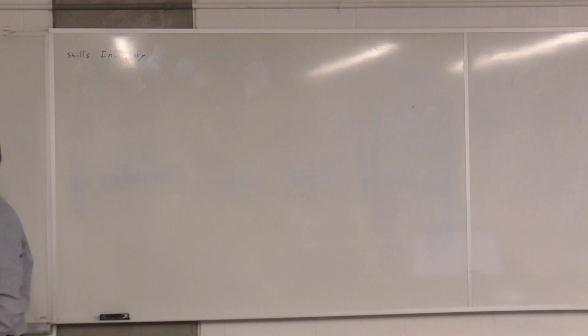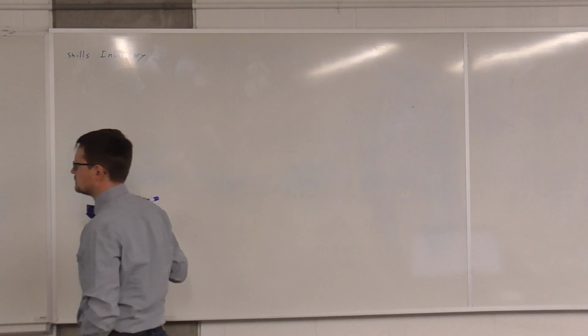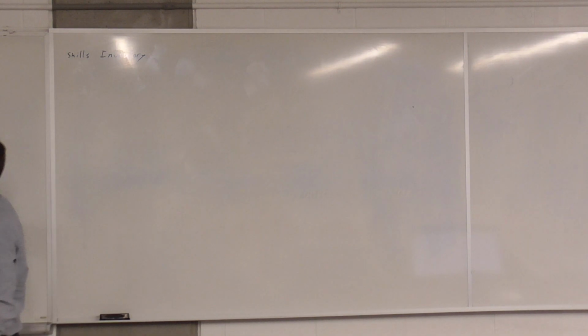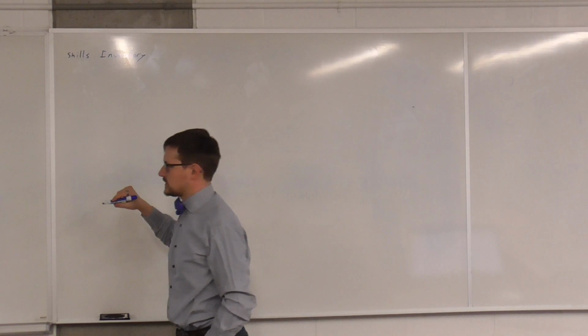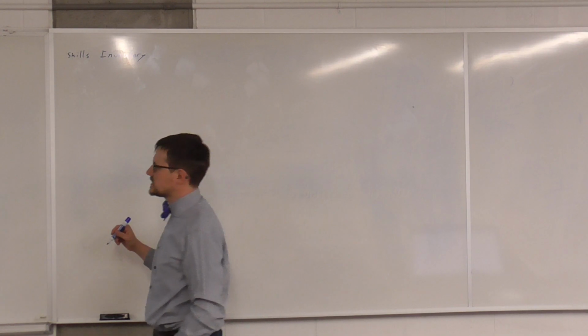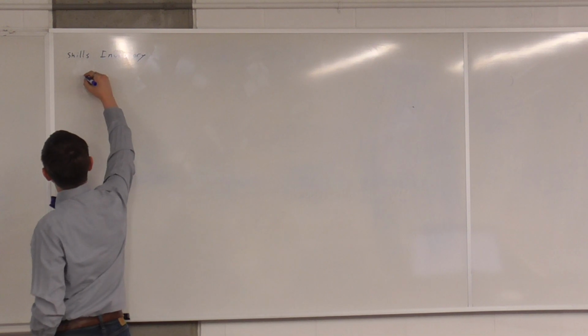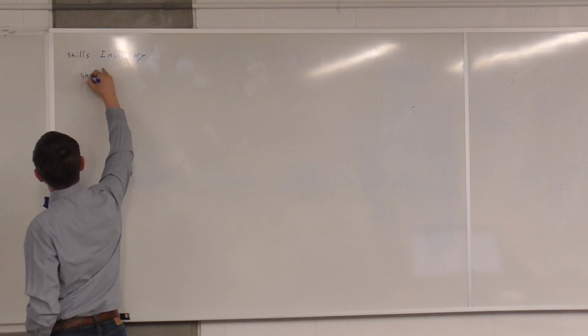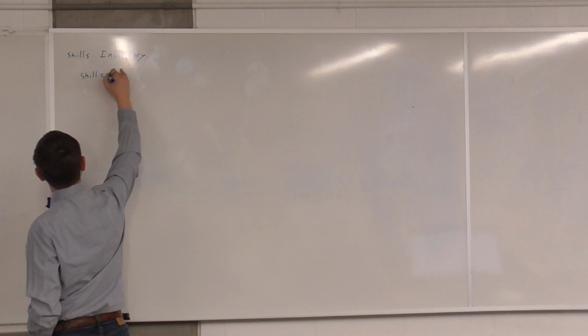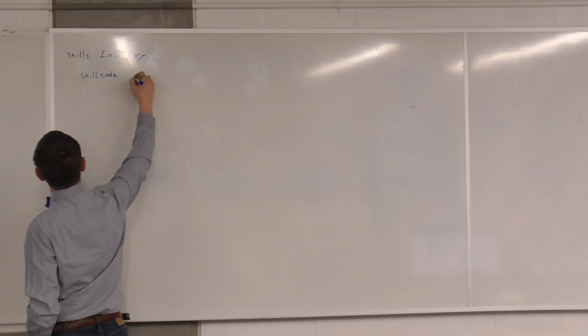So, what do we have? Skills inventory report itself is not an entity. It's just the title of the document, right? What entities do we have? Skill code. Very good. So we've got skill code. What else?